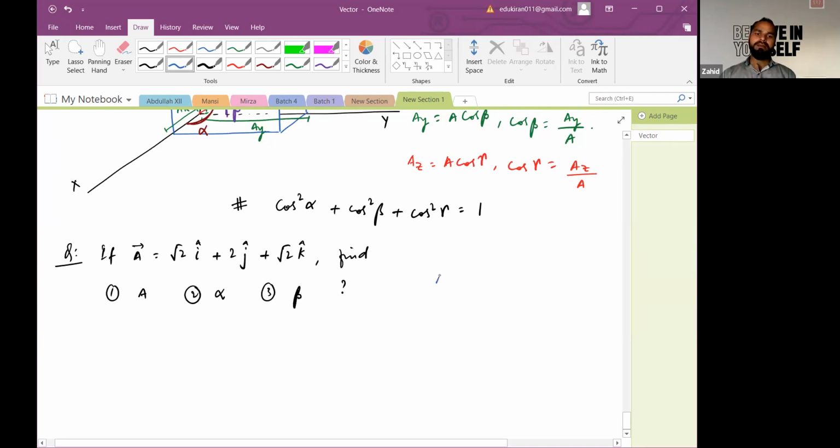To get A, use A is equal to AX, AY, AZ, which will be nothing but the coefficients of i cap, j cap, and k cap respectively.